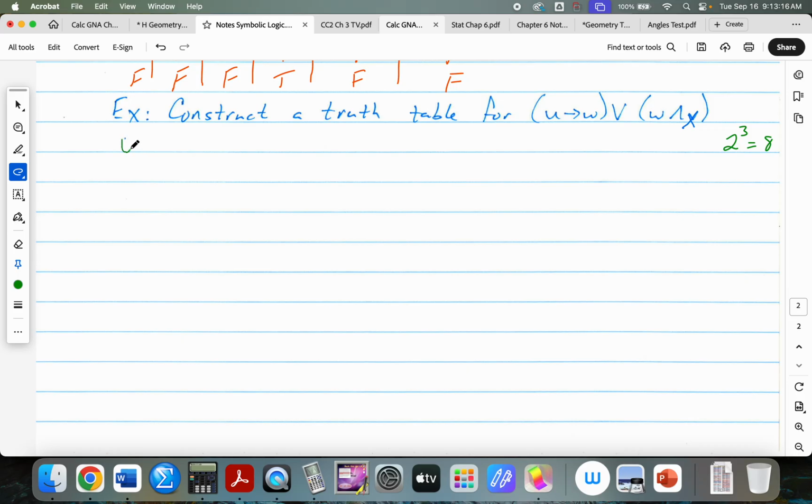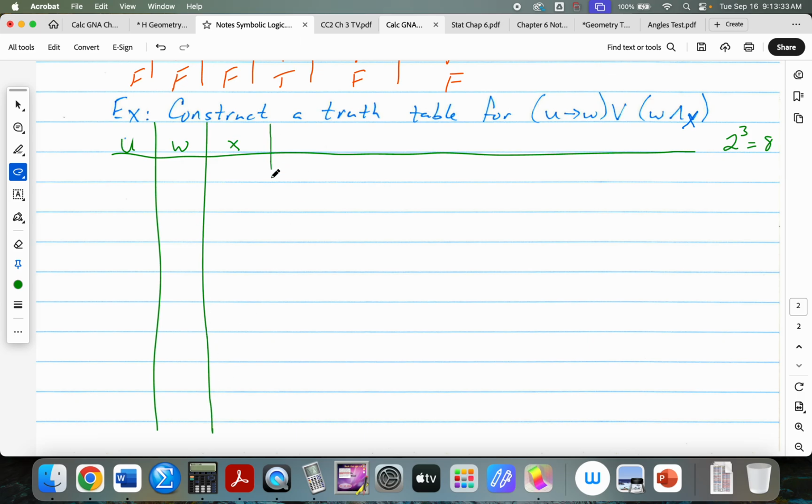So I need a column for the originals, U, W, and X. So just like I did on the last one, I'll do 4 trues and 4 falses.